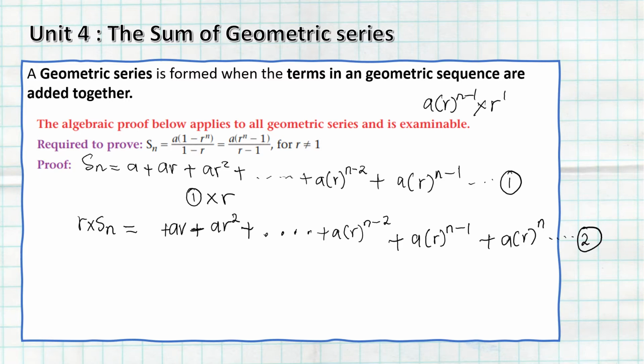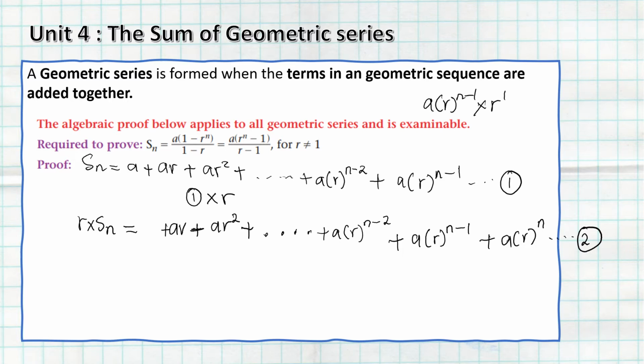Okay, so now in proving this formula, it is very different from what we did in arithmetic series, right? In arithmetic series, we added equation 1 and equation 2. But here in a geometric series, what we do is subtract these two equations, because you can see from the formula there's a subtraction somewhere.